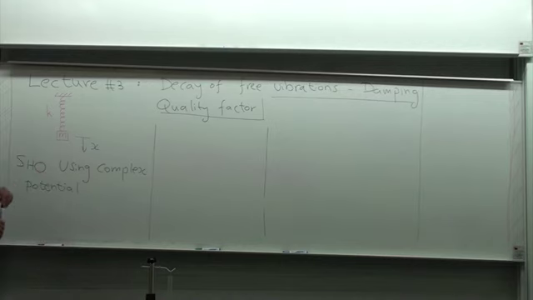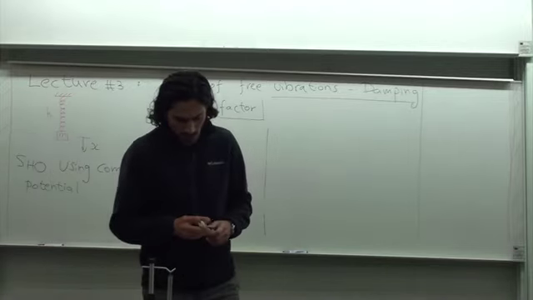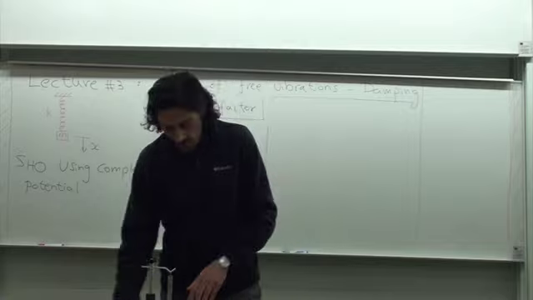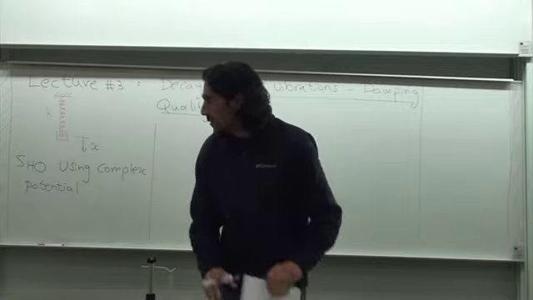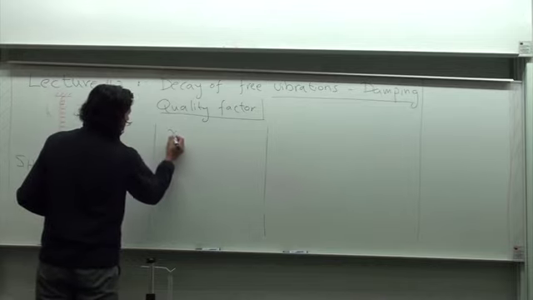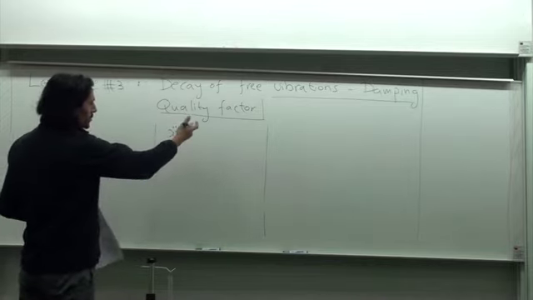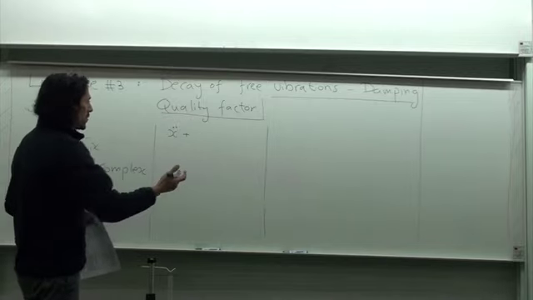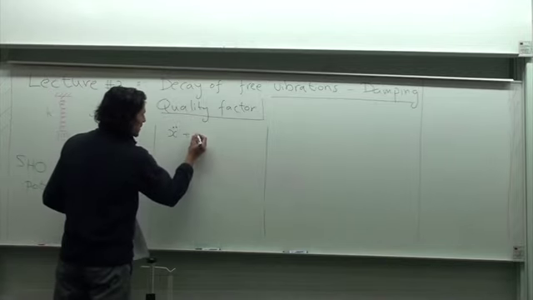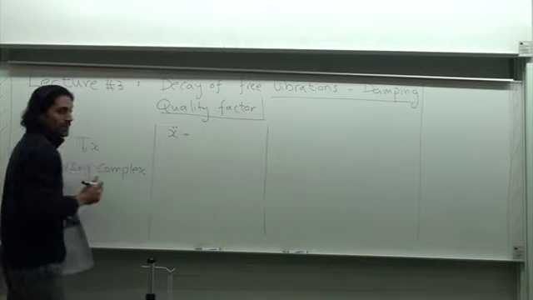But before we get into that, I would like to come back to the solution for the spring, but now we're going to solve it using a complex potential. So I'm going to start from the differential equation. I can write it as x double dot plus k over m and so on, but I'm going to focus on the equation itself.